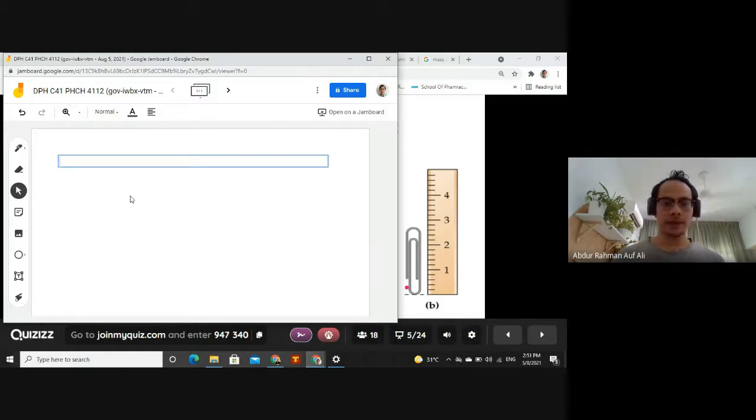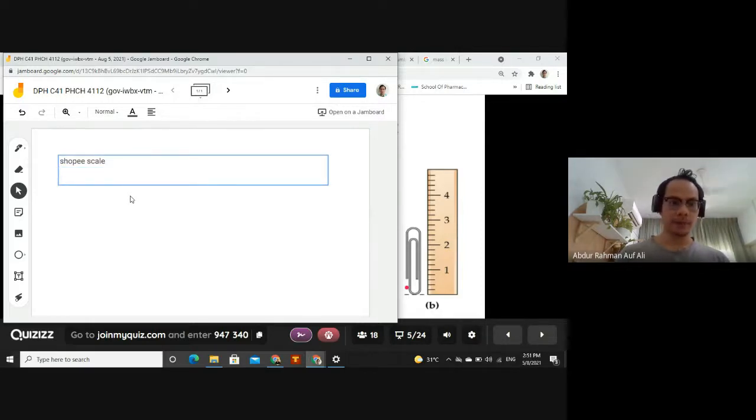Okay, so katakanlah in the Shopee scale, penimbang scale, saya nak tentukan density sabun ni, saya boleh dapat value sebanyak katakanlah 82 gram. Okay. Kemudian saya timbang sabun ni lagi sekali guna lab scale, lab digital scale, professionals use.